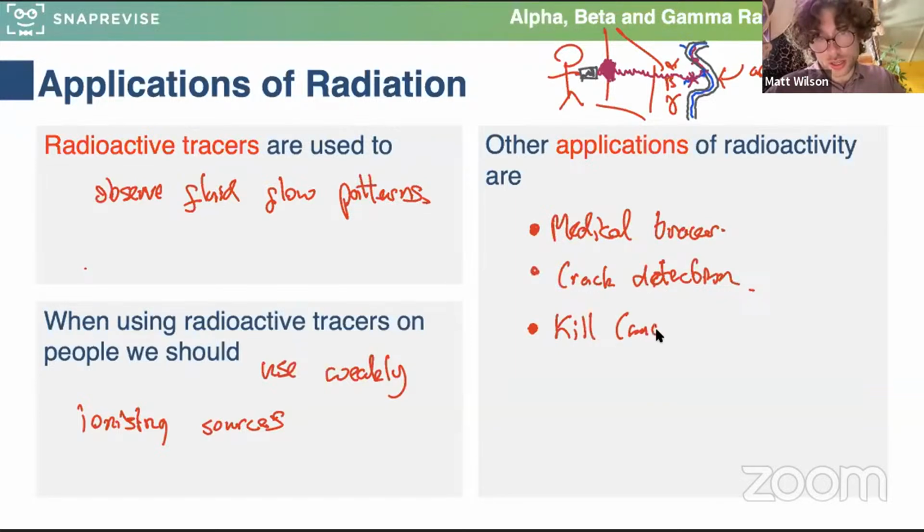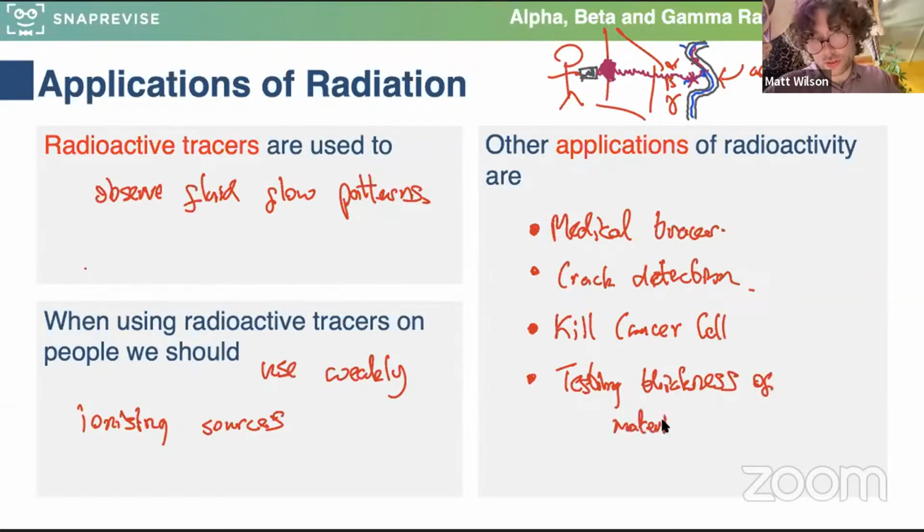So we can use it to try and kill cancer cells. So some cancer treatments involve firing radiation at already damaged cells. Also testing the thickness of materials is another. The amount of radiation that gets through, we saw it depends on the thickness of the material it's going through. So you can actually test the thickness of materials by seeing how much radiation is passing through them. Good.